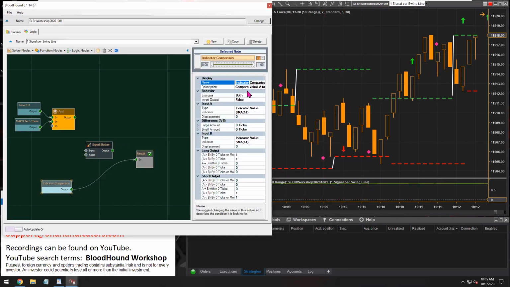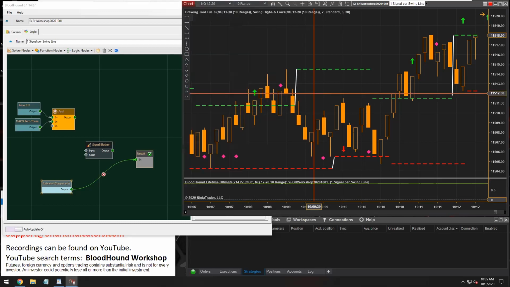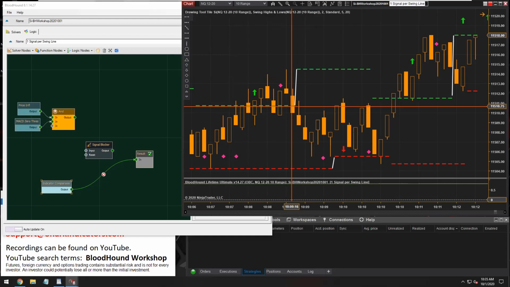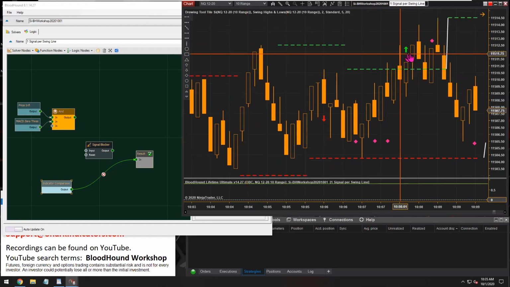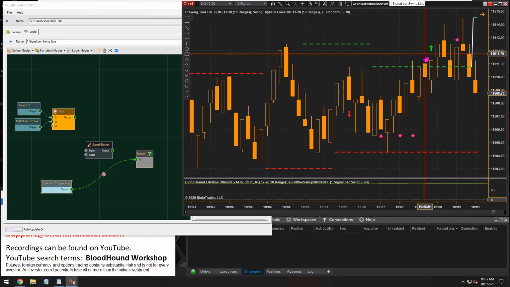With this comparison solver, we're going to be detecting when the plot changes, basically when it changes. So if the plot no longer equals itself, let's take a look here. There we go.